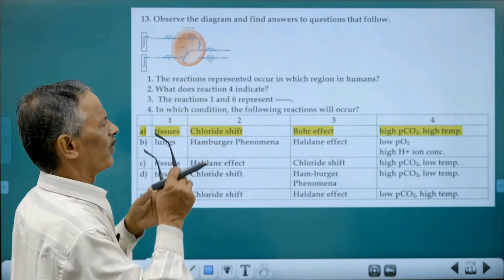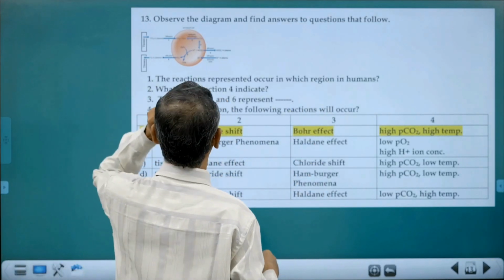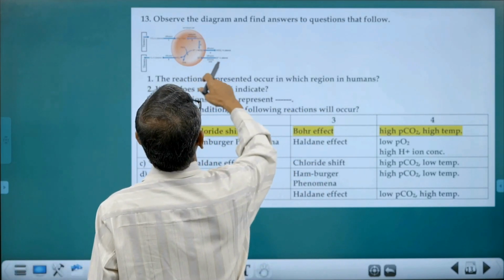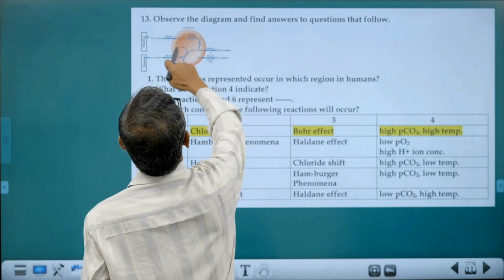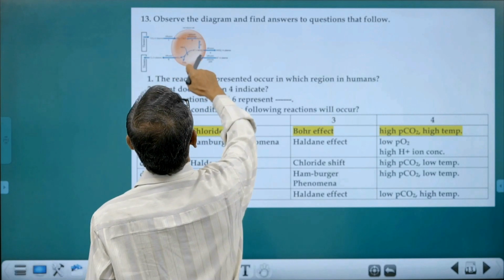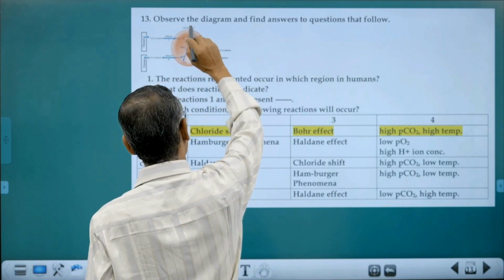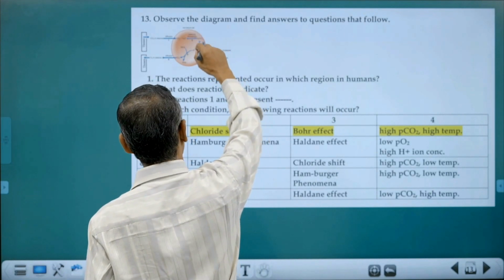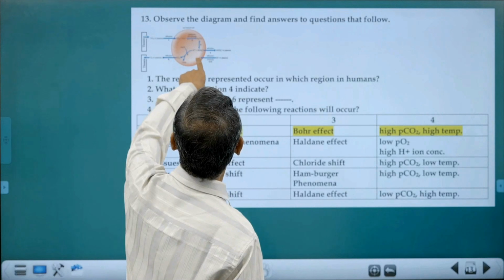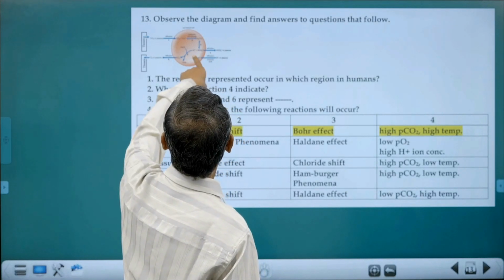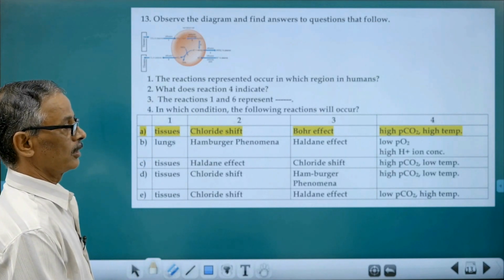See, whenever there is diffusion of carbon dioxide, this carbon dioxide is entering and diffusing with the water into the RBC, dissolving in the water, forming H2CO3, which is also split into hydrogen ion and bicarbonate ion. That hydrogen ion is taken up by the hemoglobin.